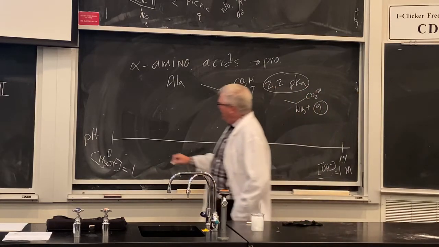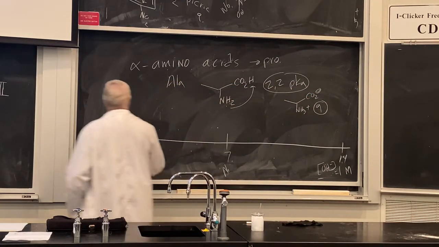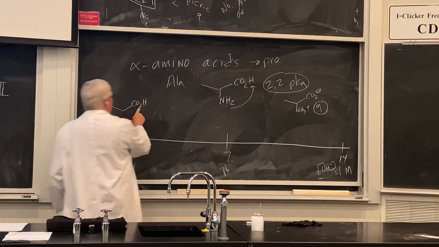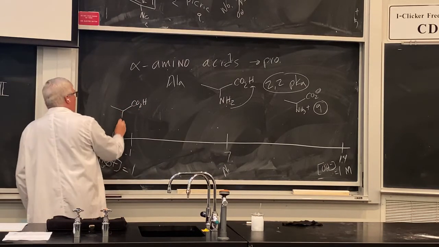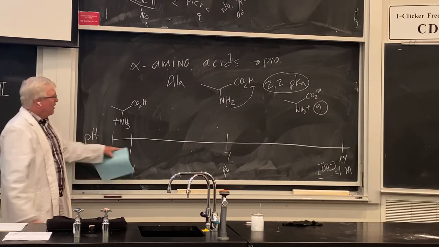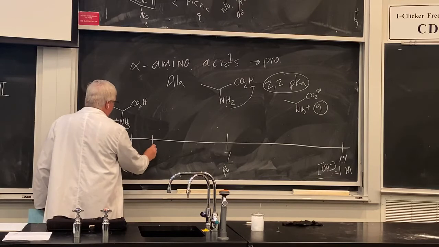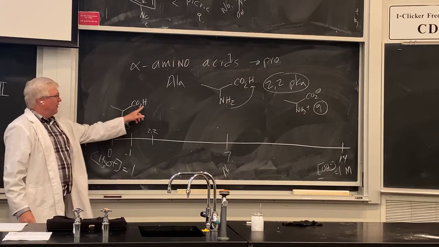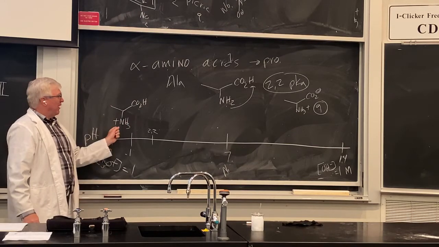So let's go down here to a pH of 1. And if we have that there, the carboxylic acid will still be protonated and the amine will be protonated. Okay, if we're at pH 1. The pKa of 2.2 here, we're on the acidic side of it, so that carboxylic acid stays protonated.